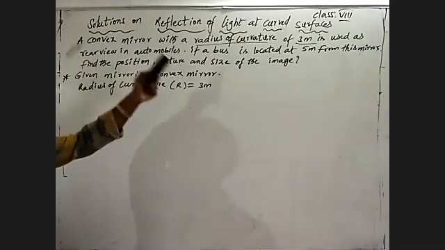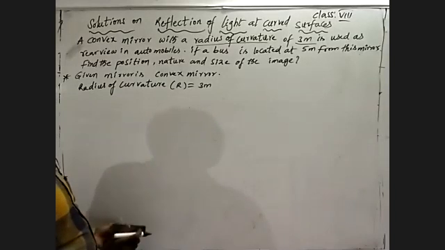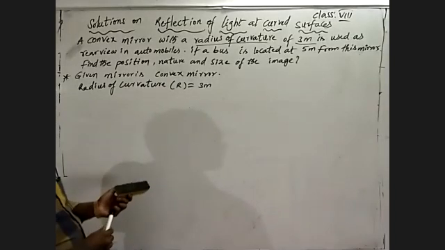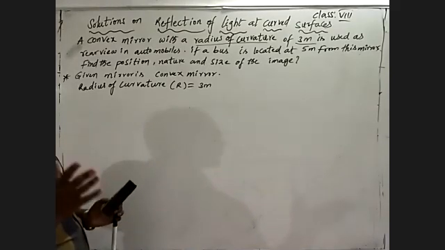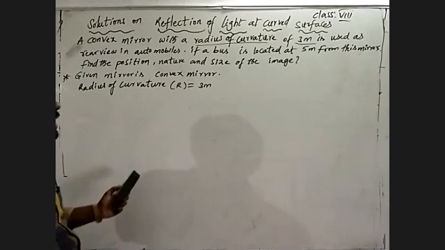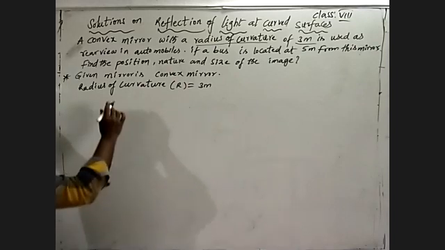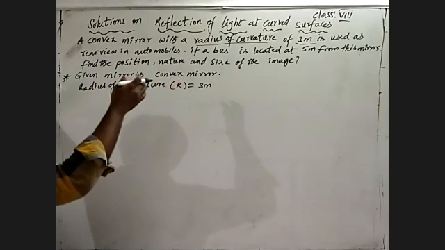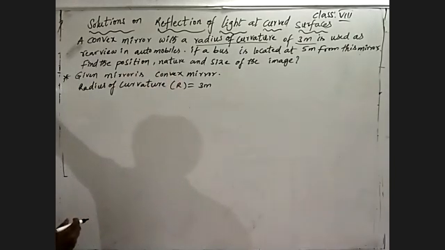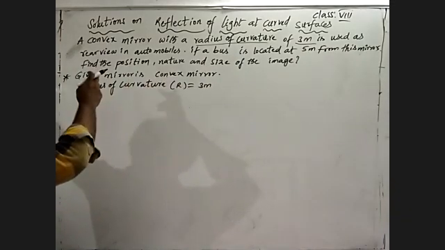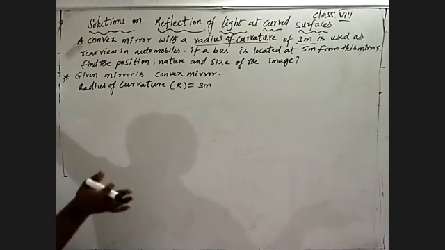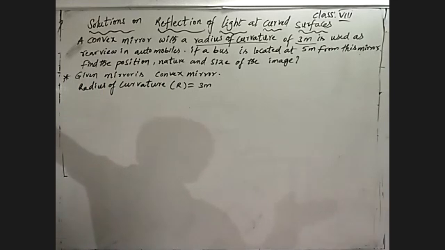If a bus is located at 5 meters from this mirror, the bus is at a 5 meter distance from the mirror. So the bus is the object right now. From this convex mirror, the side mirror of the vehicle, how much distance was the bus located? 5 meters.